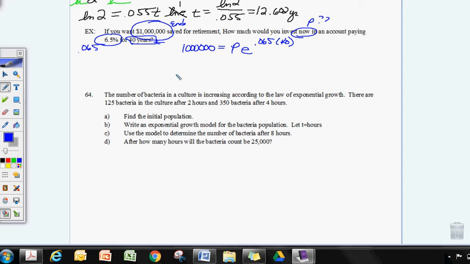Okay, get P by itself: 1,000,000, gotta write out all the zeros, divided by e raised to the 0.065 times 40 power, equals P. Grab your calculator, work it out. I need to invest $74,273.57.